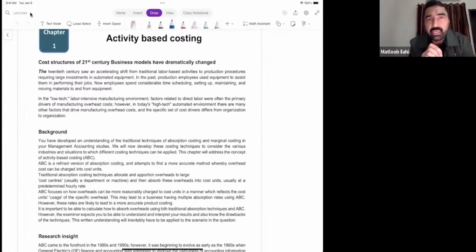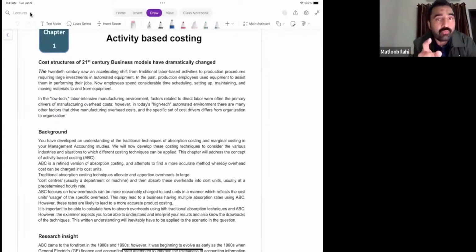Last class, I did a short example from traditional absorption costing, where I explained how overheads are absorbed under traditional absorption costing.